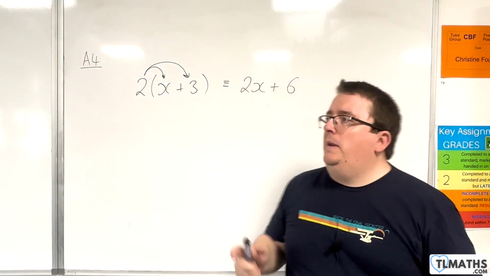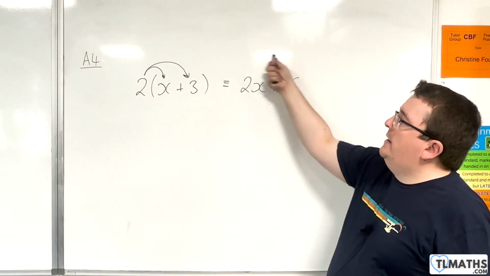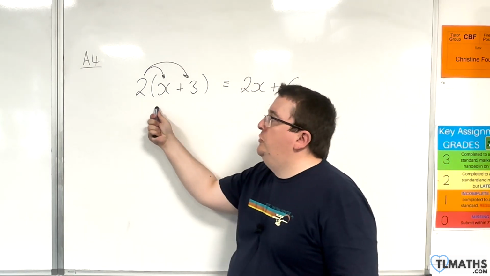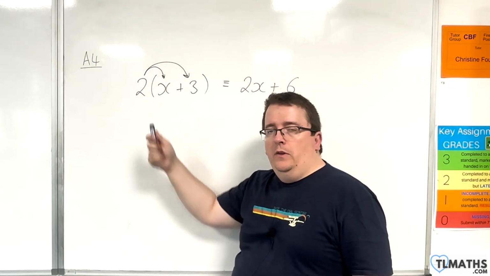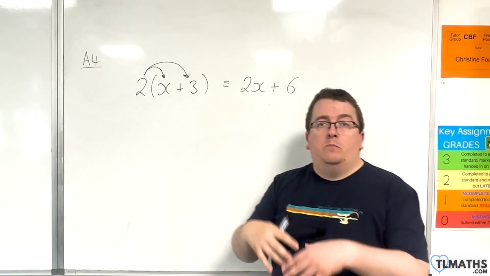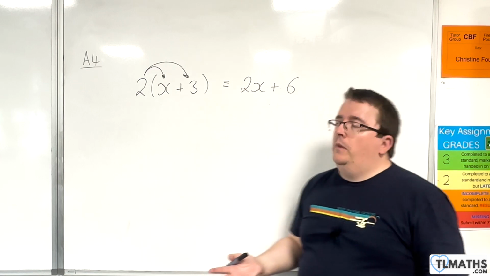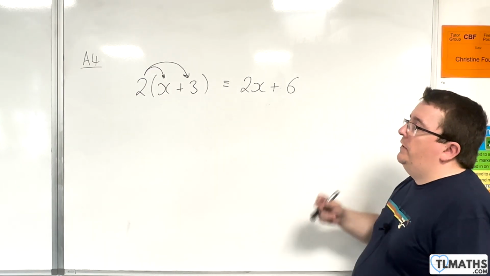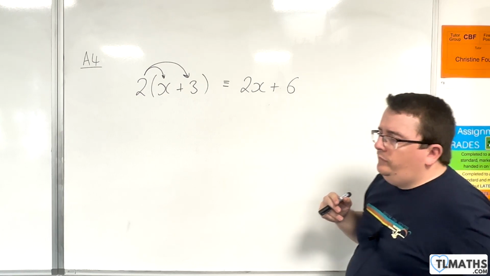Factorizing would be taking this expression on the right-hand side, and then getting it into the form on the left-hand side. Some people like to call that putting the brackets back in, or reversing the process of expanding the brackets.